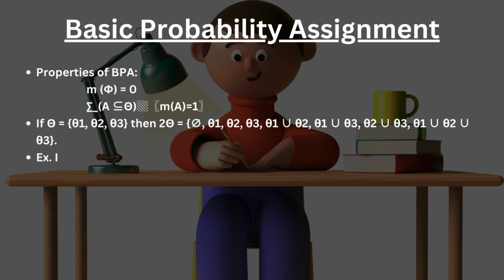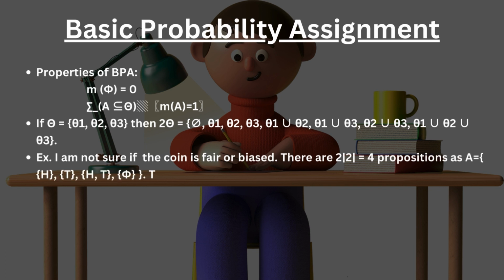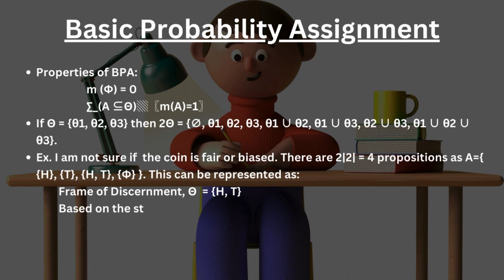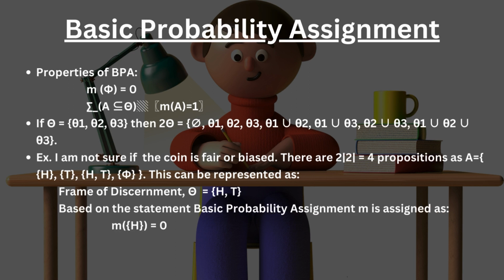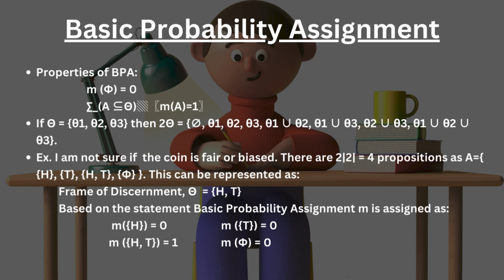occurs. Another property of BPA is that the summation of all basic probability assignments across all possible propositions, that is subsets A of the frame of discernment theta, is always 1. This ensures that we account for all possible possibilities.